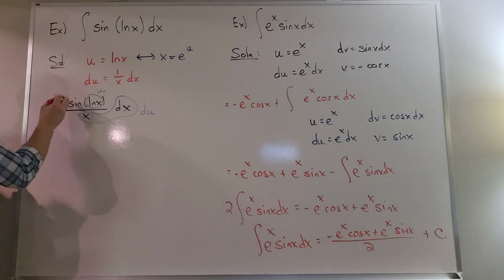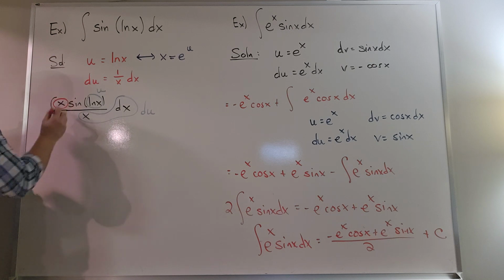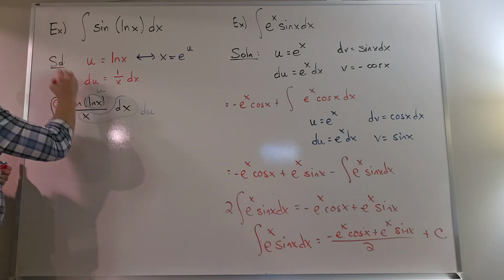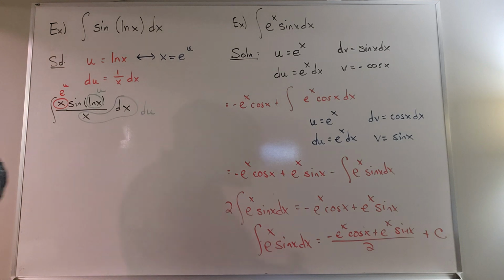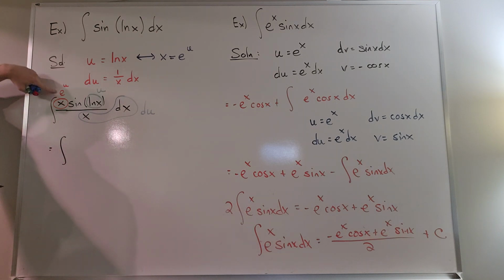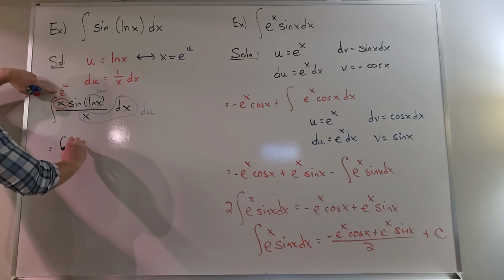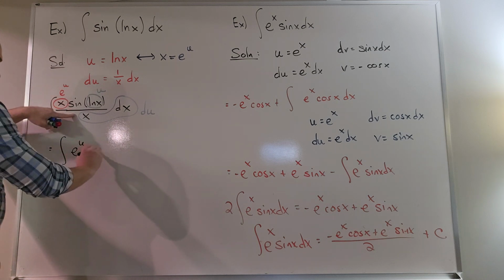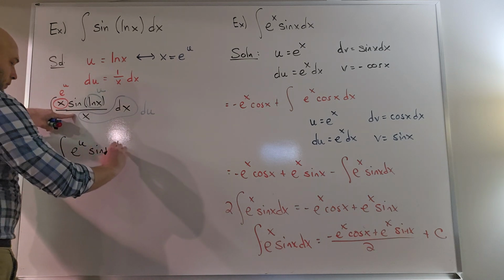And this x is going to get replaced with e to the u. So everything there that has an x gets replaced with something that's related to the variable u. Go ahead and plug those in. I would get e to the u, sine of u, du.